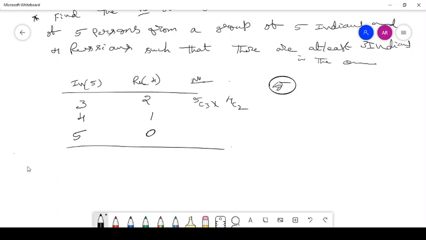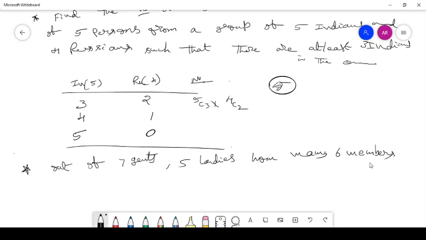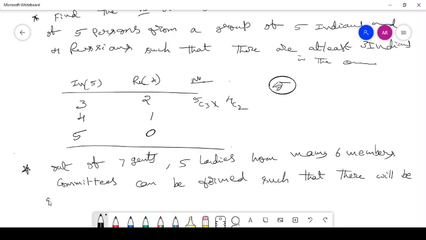Next question. Out of 7 gents, 5 ladies, how many 6 members committees can be formed such that there will be at least 3 ladies in the committee.